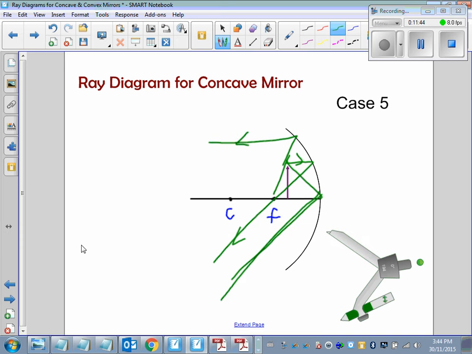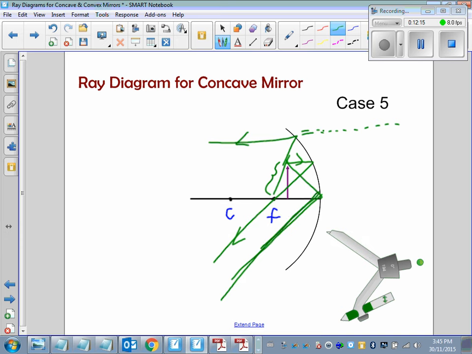Now this is a little bit unusual because this portion here is not necessarily obvious. It's a little bit abstract, I guess. But we're starting to notice that all of these lines are diverging. They would not meet on the real side.